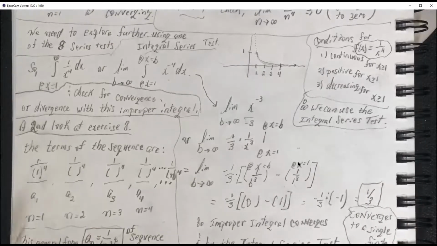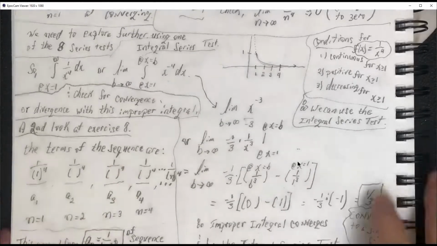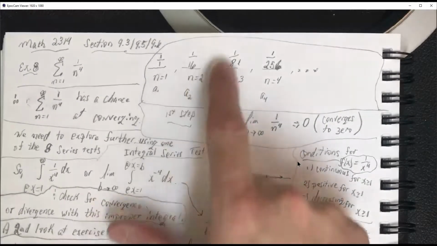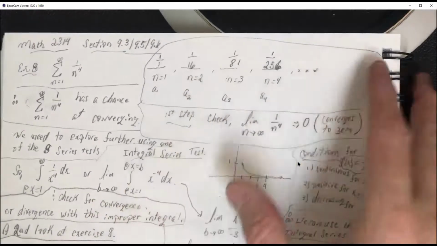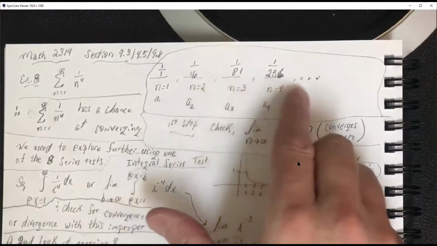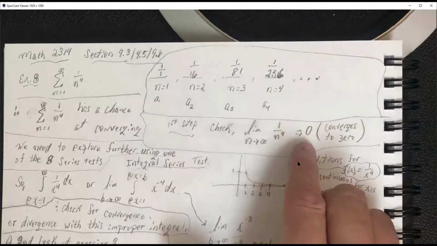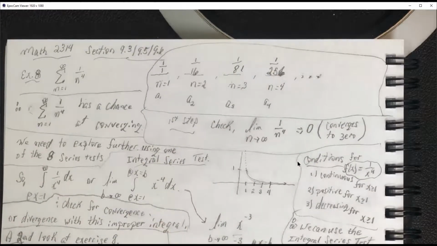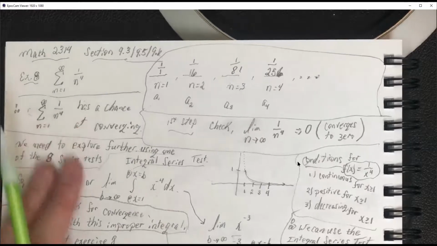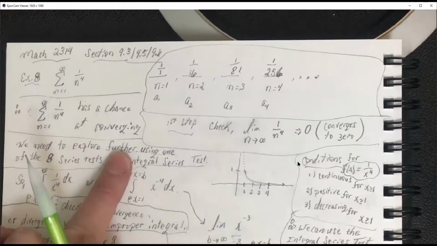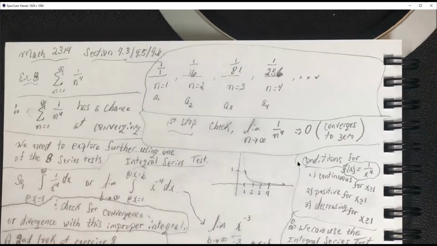So the terms of the sequence, which we wrote right up here, 1/1, 1/16, and so forth, which we did know individually these terms do get smaller and smaller, converges to 0, which is why we knew this series had a chance of converging, and that's when we need further exploration, which is meaning to use one of the 8 series tests.